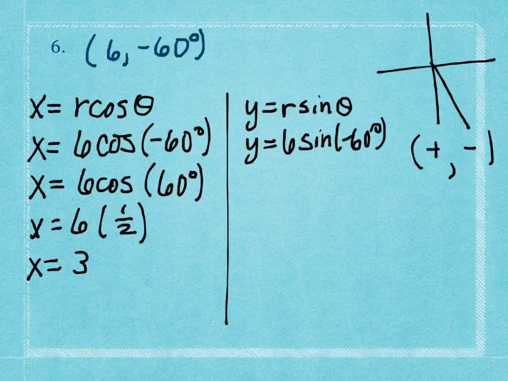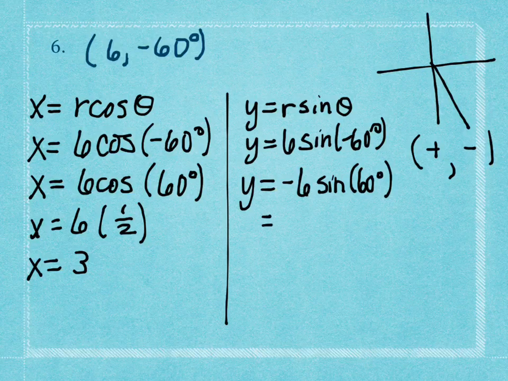Let's use those even odd properties again. What will this change to without the negative inside of the sine? Right, the negative can come out because sine is an odd function. So this one comes out in front, negative 6. All right then, what is the sine of 60?